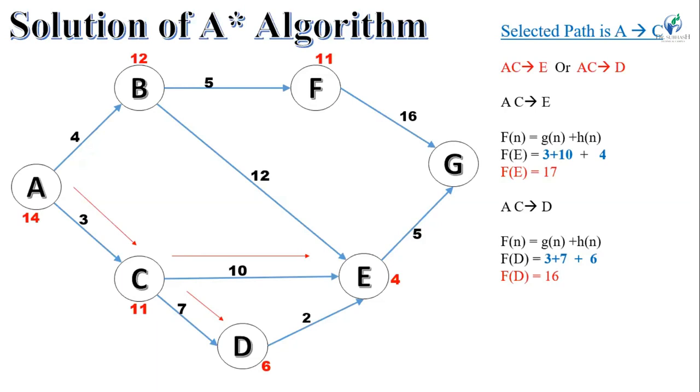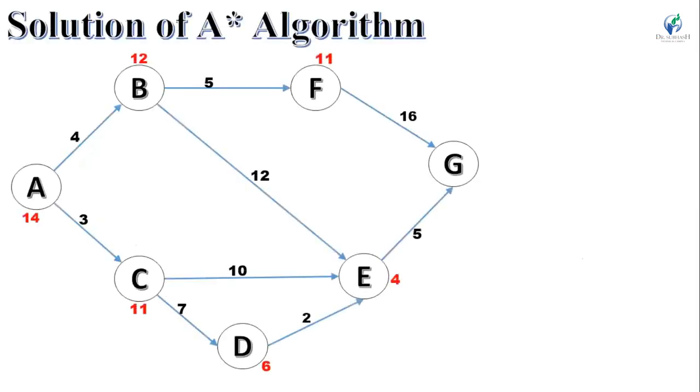Now friends, we have two nodes with similar cost, D and B. So we select these two nodes to reach our goal node. First, we select the A to B path. We have two neighbor nodes, E and F. One by one, we find their cost. First, we select the AB to E path.